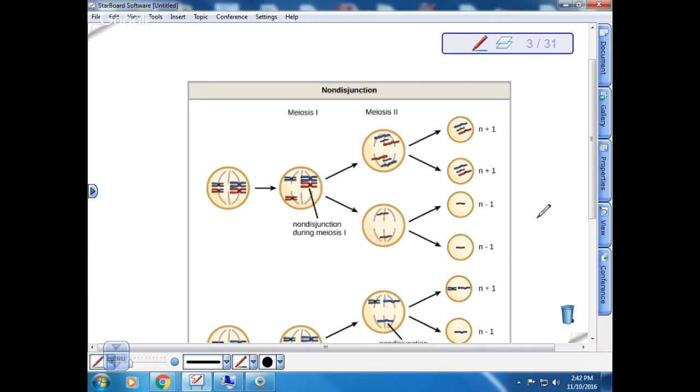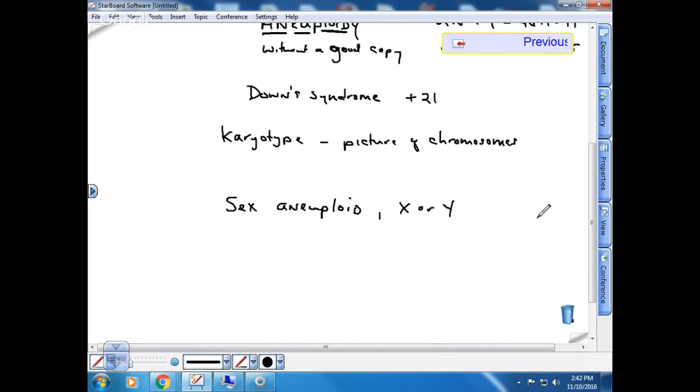And then if you think about the sex chromosomes, males only have one copy of the X chromosome. So we could sometimes see people being born that are XO. And this is the only instance of an aneuploid in humans where you could actually be missing a chromosome.